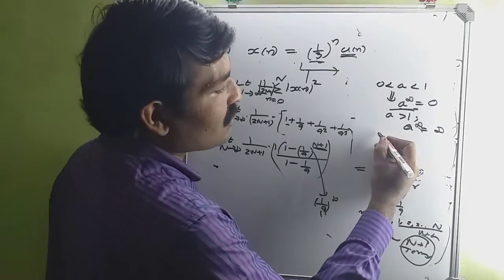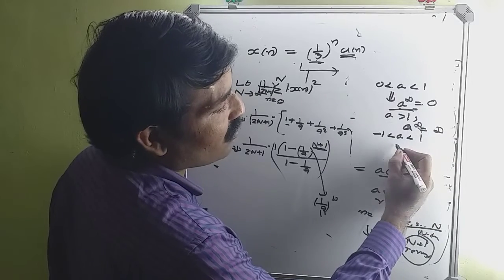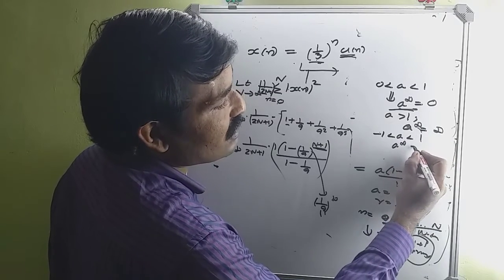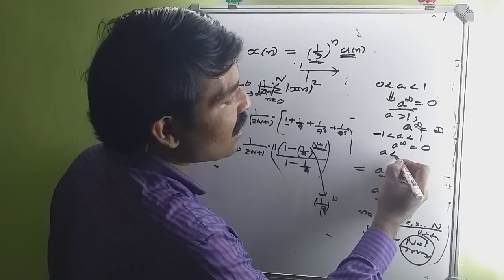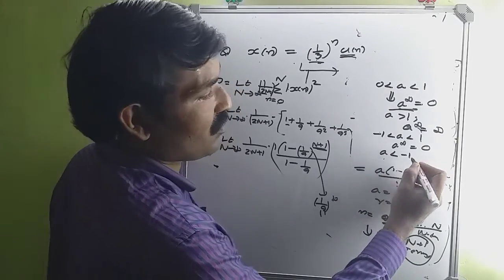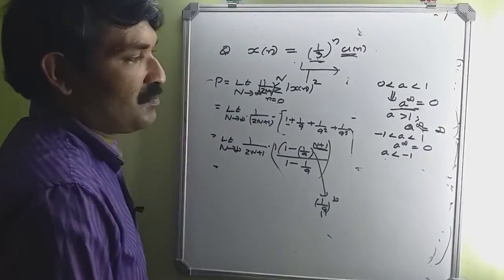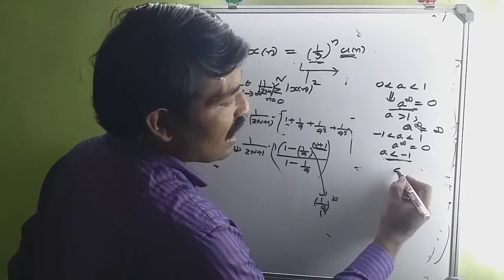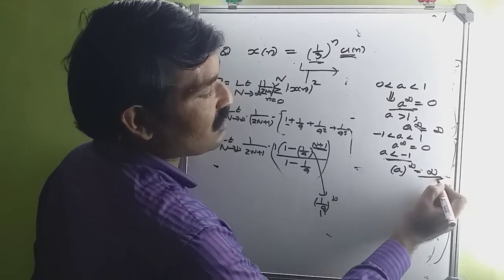And for minus 1 less than a less than 1, a raised to infinity is equal to 0. Then a less than minus 1, what happens? A raised to infinity is equal to infinity.